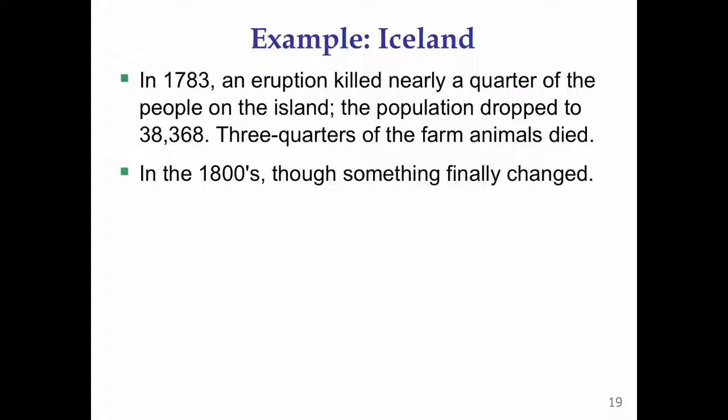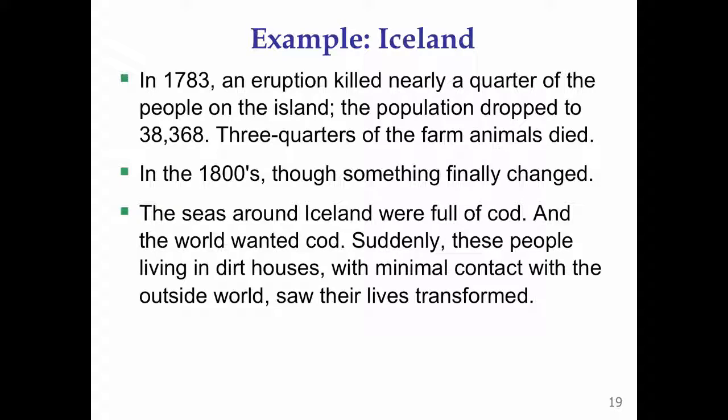And through the 1800s, they try to get out of that tough situation, and obviously realized that the ocean around them was full of fish, specifically cod, and the world likes to eat cod. It's a tasty white fish. So they started to fish for cod and exporting that around the world.